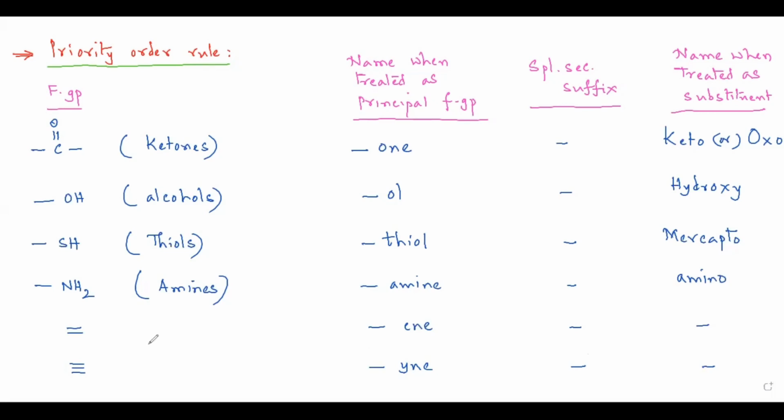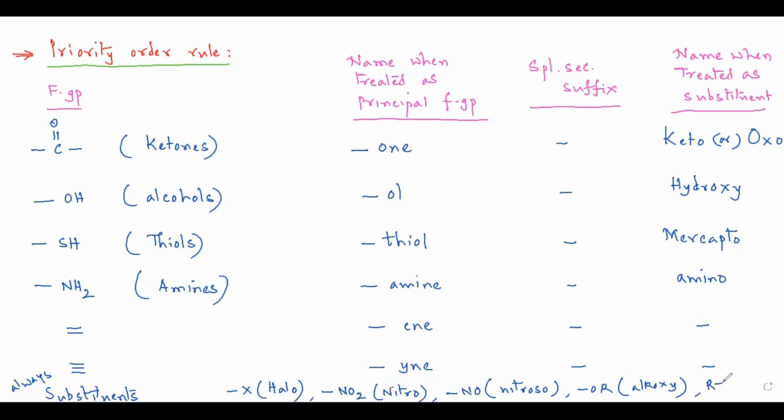Now, the last one. The last one, of course, is always a substituents category. Substituents are always a substituents category. I have some examples like halogen compounds, halo, nitro, nitroso, alkoxy, nothing but ethers.